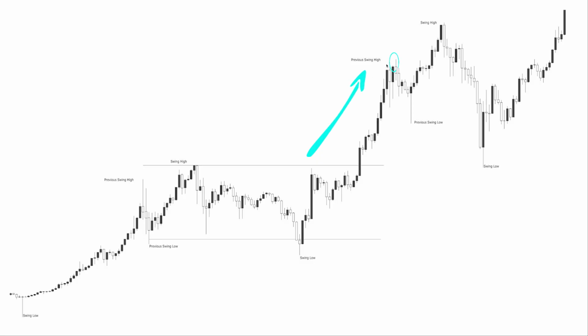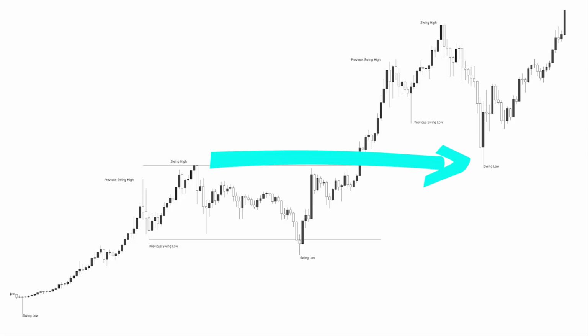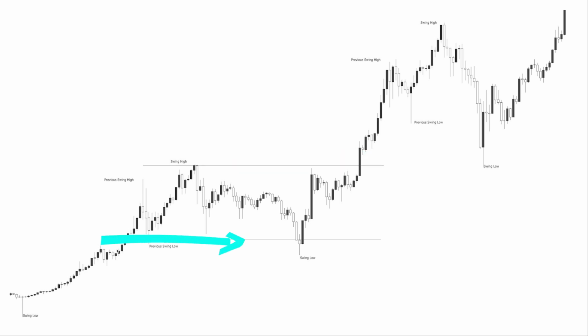We have a new swing high and a low and another swing high and a new swing low. So recognizing these areas where buyers are stepping in to hold price above previous swing highs, or sellers are stepping in, is key to looking at market structure.